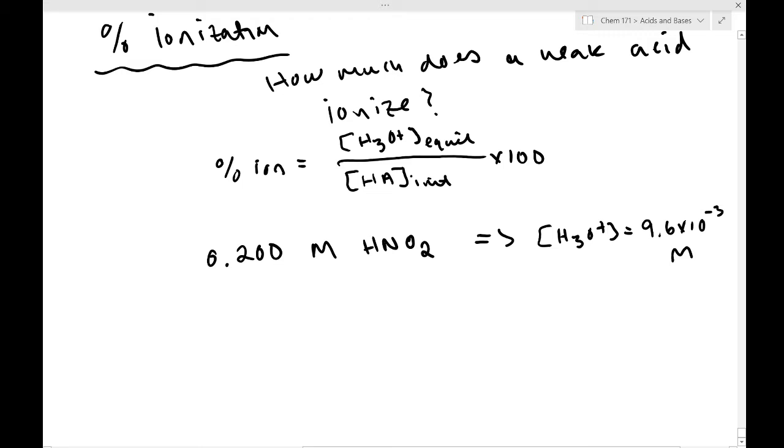That means that our percent ionization here is equal to 9.6 times 10 to the minus 3 divided by 0.200 times 100, which gives us 4.8%.